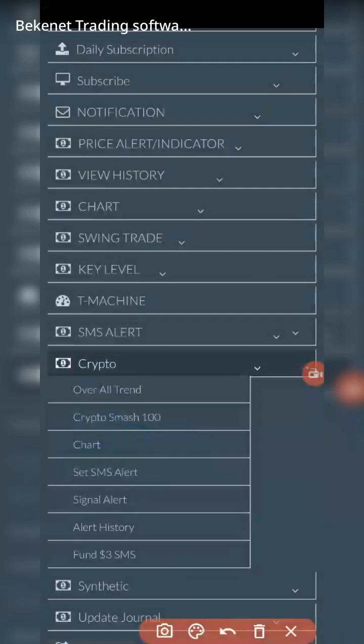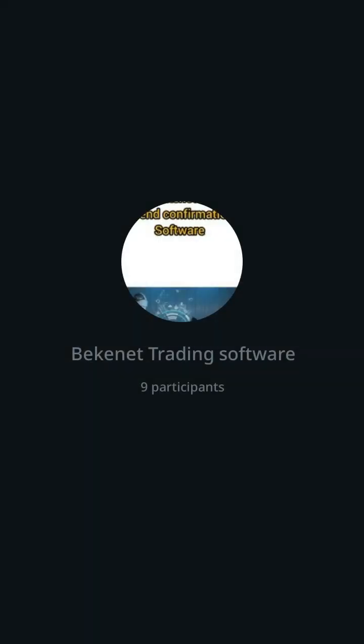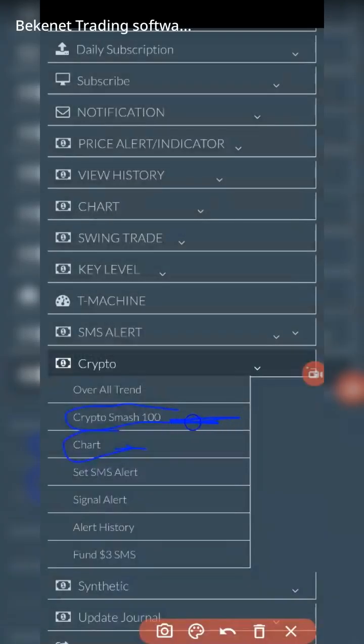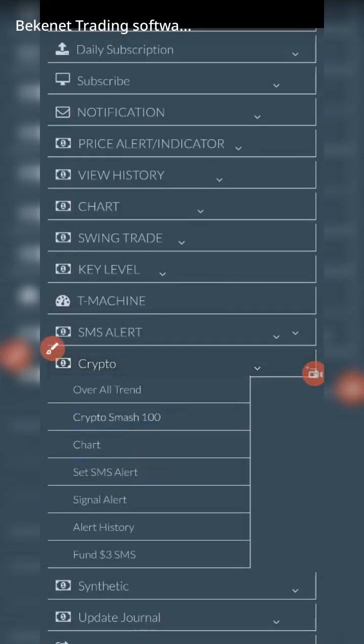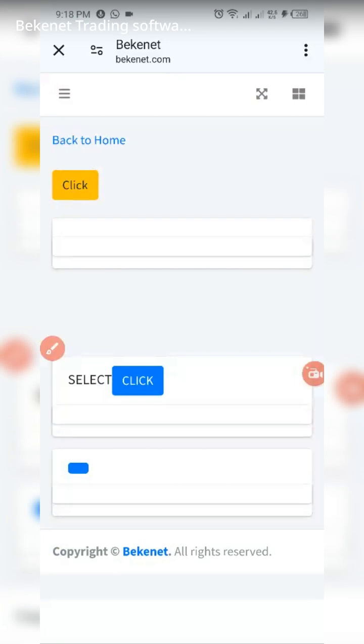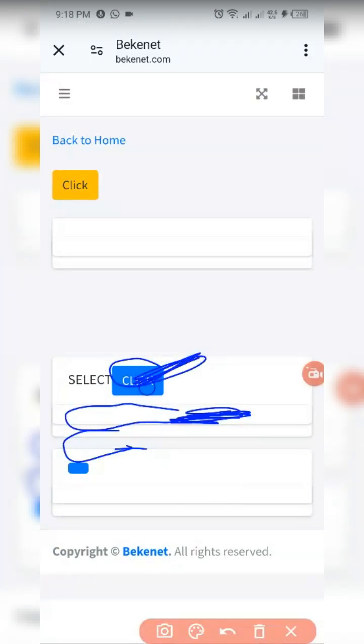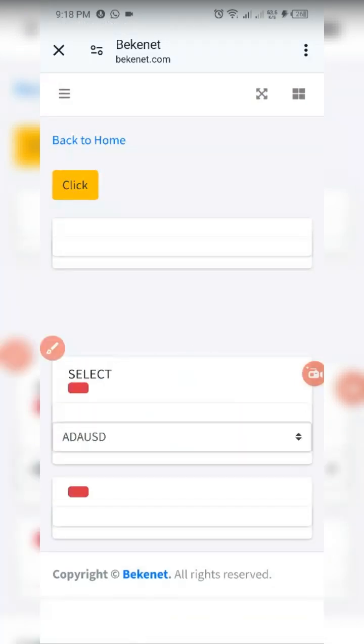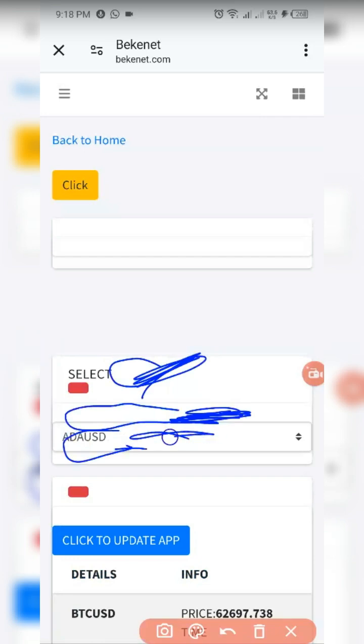You focus on this. This is Smash 100. And this is your chart. This chart is for you to filter out the signal you're going to get, to see if it's close to a resistance or support. Then this is where the software will analyze the market for you without you doing any analysis. Just click on it. Crypto Smash 100. Click on this blue icon here. You see a drop down of all the pairs.